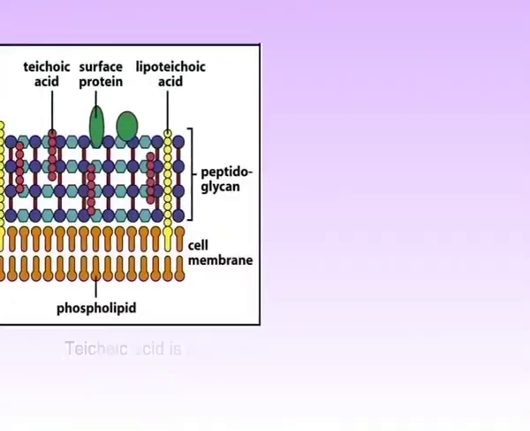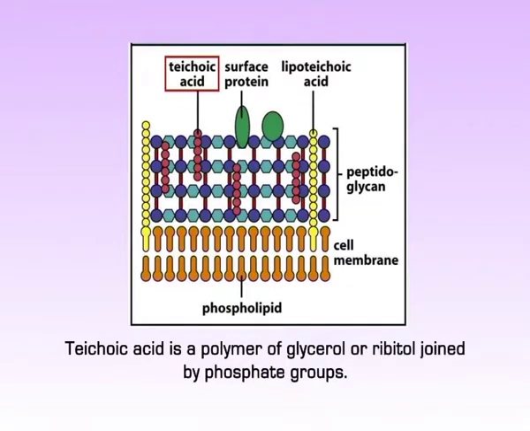Next, we'll come to the gram-positive cell wall. Although the thick homogeneous cell wall of gram-positive bacteria is composed primarily of peptidoglycan, it also possesses a large amount of teichoic acid. Teichoic acid is a polymer of glycerol or ribitol that is joined by phosphate groups.